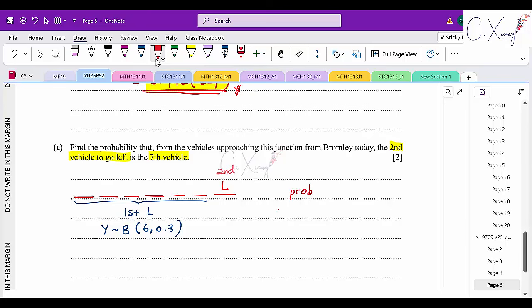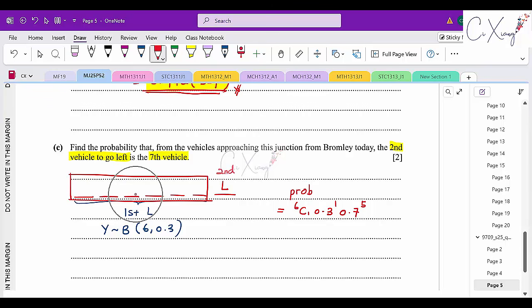Alright, so to calculate the whole thing here, the probability is what? First of all, let us calculate the first 6 vehicles with only 1 left. Like what I told you, it is a binomial distribution, right? You are having 6C1, 0.3 power 1, that means there's 1 vehicle going to the left, and the rest will be going in other directions besides the left. So it should be 6C1, 0.3 power 1, 0.7 power 5.